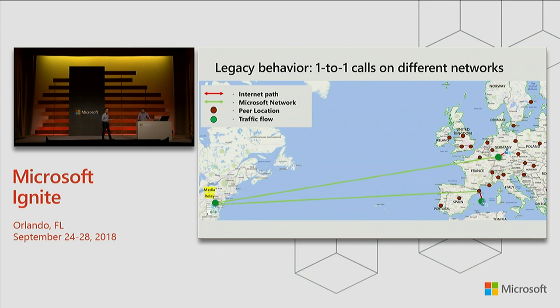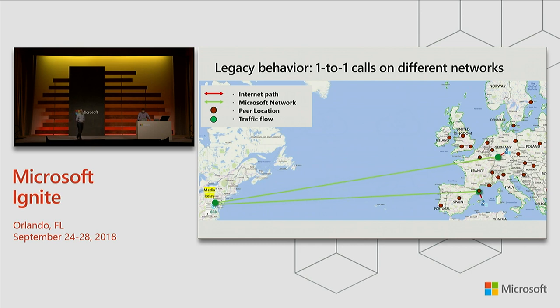They're on different networks. Let's say they're at Starbucks or some other location where they can get some network connectivity. In order for them to have that conversation, we're actually going to use a media relay in the location where the tenant is. That's not going to be a terribly great experience.